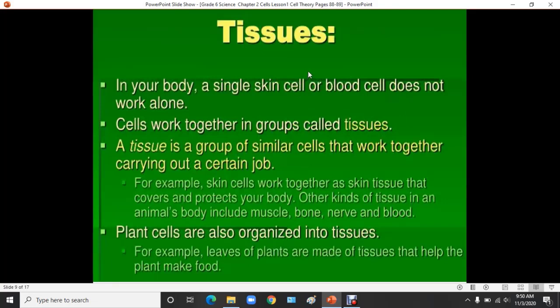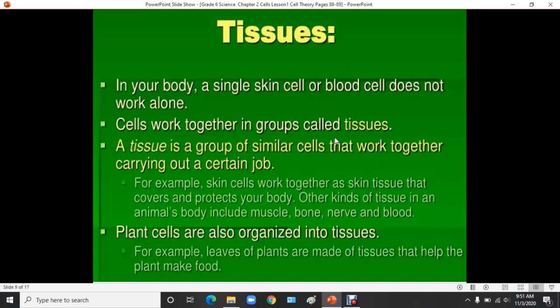Moving to the further part, where we are going to talk about tissue. In our body a single skin cell or blood cell doesn't work alone. Cells work together in groups called tissues.